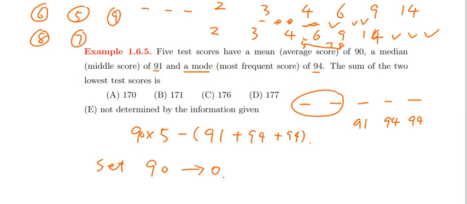So we can regard this as 1, this as 4, this as 4. Then the sum of those 2 should be, let's say here, minus 9. So we can find the sum of them should be 2 times 90 minus 9.